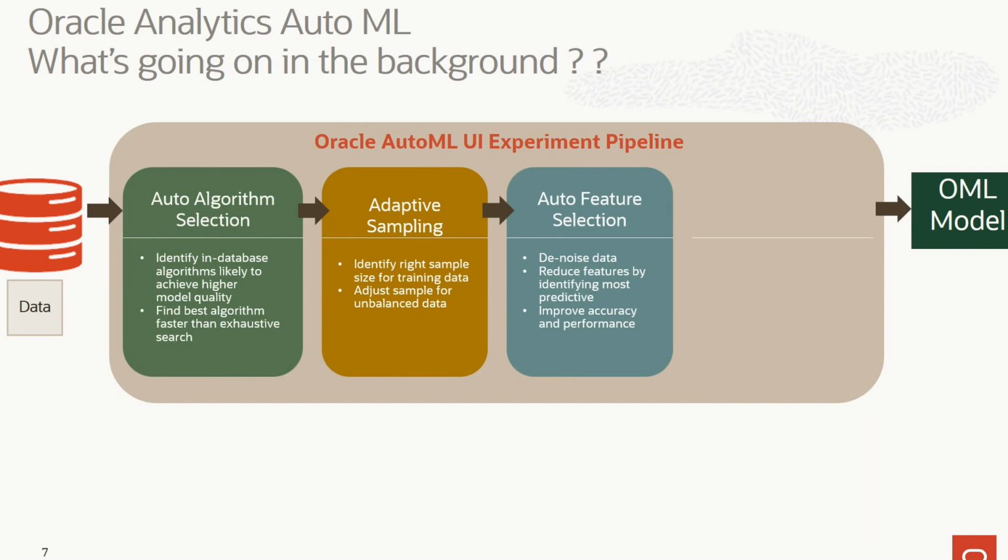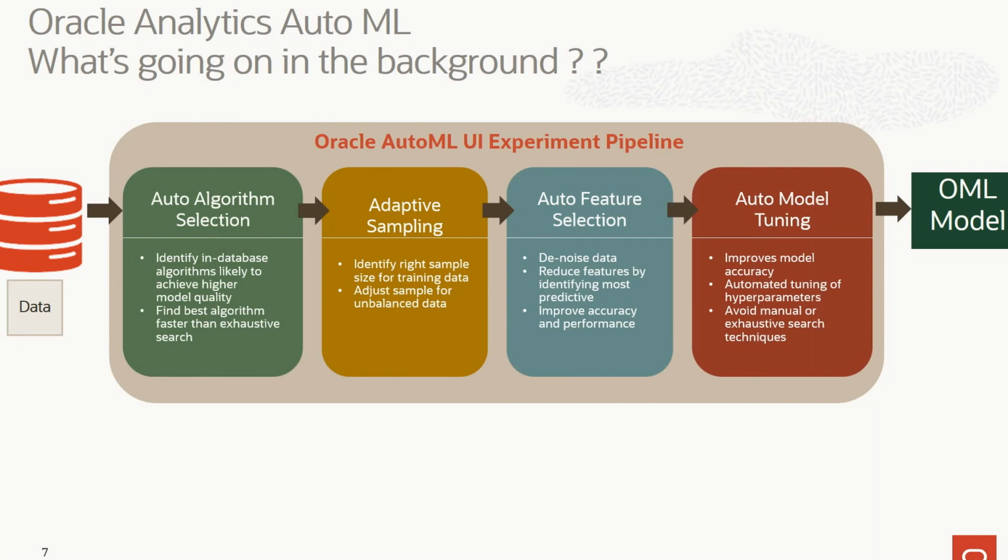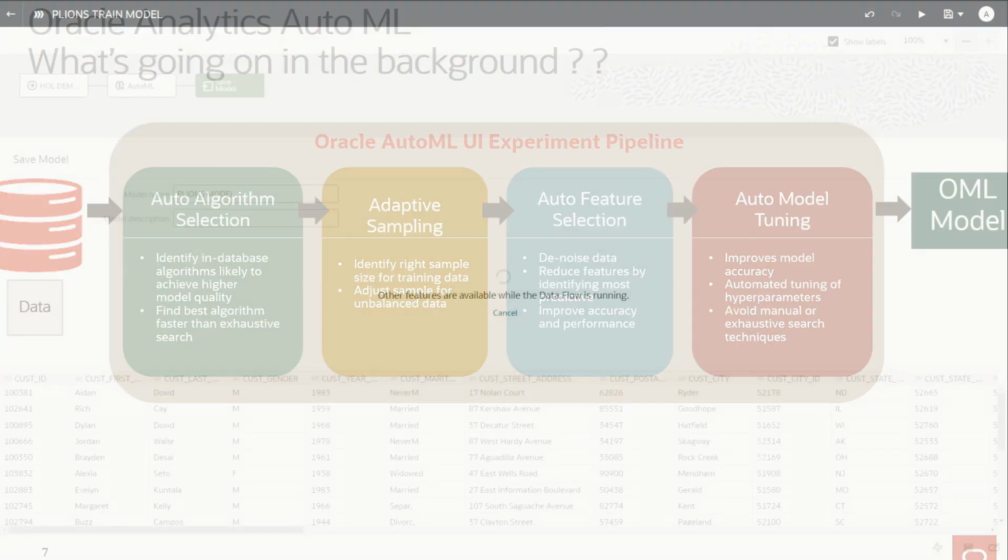So these are called features, and eventually tunes parameters of different algorithms to produce multiple versions of possible models and ranks them according to the model ranking metric to deliver only the one that has the highest quality. So this is all happening behind the scenes in our database as we've kicked off this data flow.